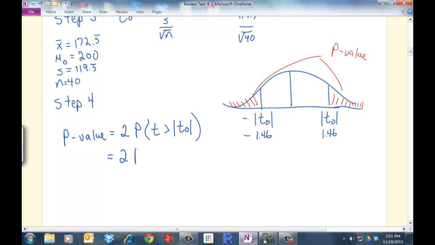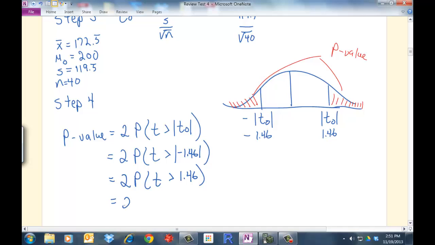So 2 times the probability that t is greater than absolute value of t0. T0 we got to be minus 1.46. So we get 2 times the probability t is greater than the absolute value of minus 1.46, which is 1.46.